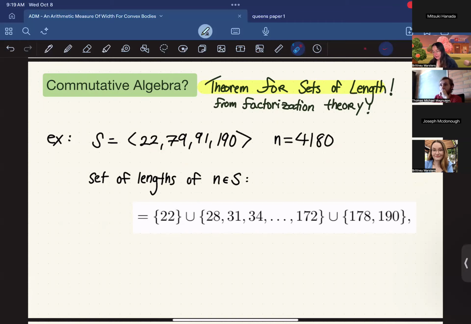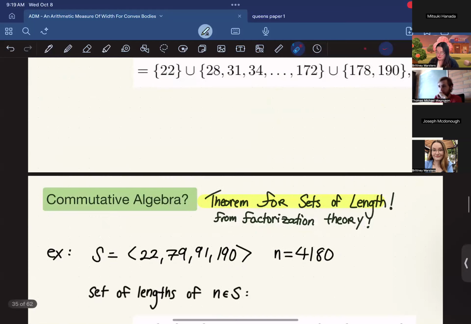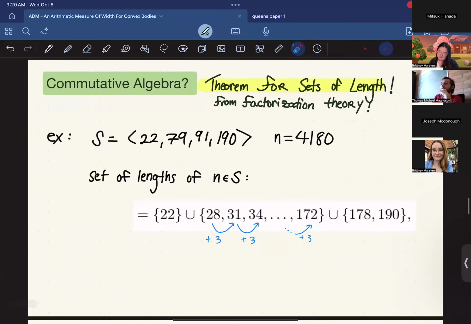And if you look carefully at this, you'll notice, first of all, suggestively, we've written it in 3 distinct parts here. Next, you might notice that this piece in the middle here is an arithmetic progression, right? I just go plus 3, and so on.